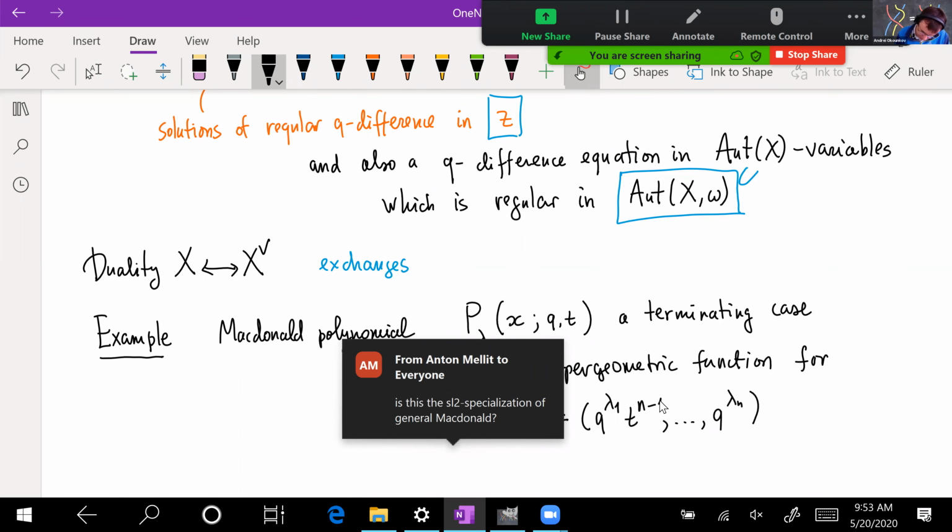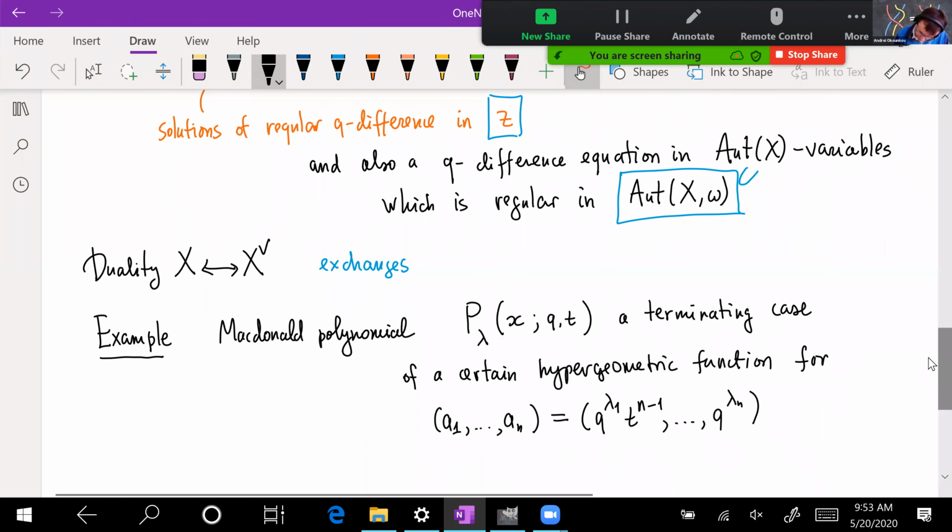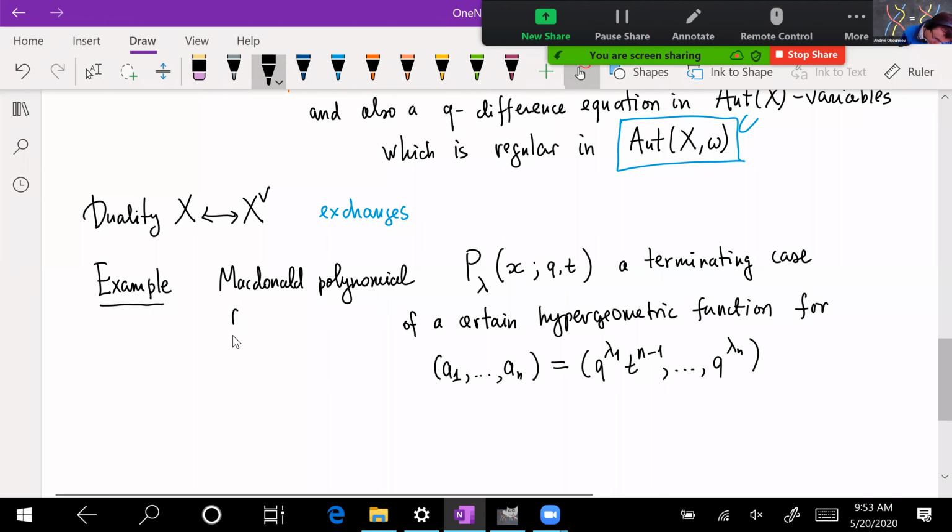No, I'm talking about the GLN Macdonald polynomials right now, Macdonald polynomials for the group GLN.